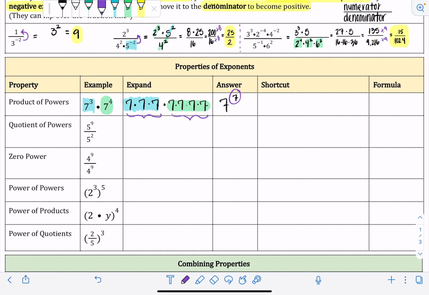So that means that when we have two powers that have the same base, both sevens, and they're being multiplied together, we can add the exponents. So 3 plus 4 is 7. Our shortcut is adding the exponents.